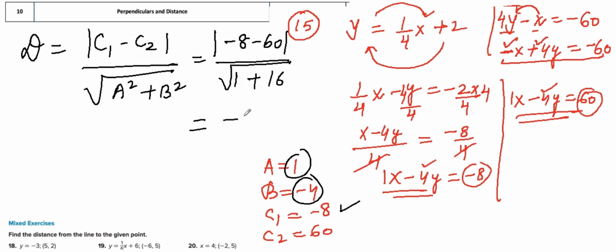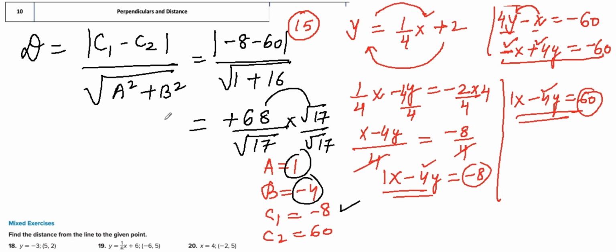So this is minus 68. It will become positive because distance is always positive, absolute value, and root 17. Rationalize it. Root 17 multiply root 17. So the distance is 68 root 17 divided by root 17, root 17 times root 17 is 17.